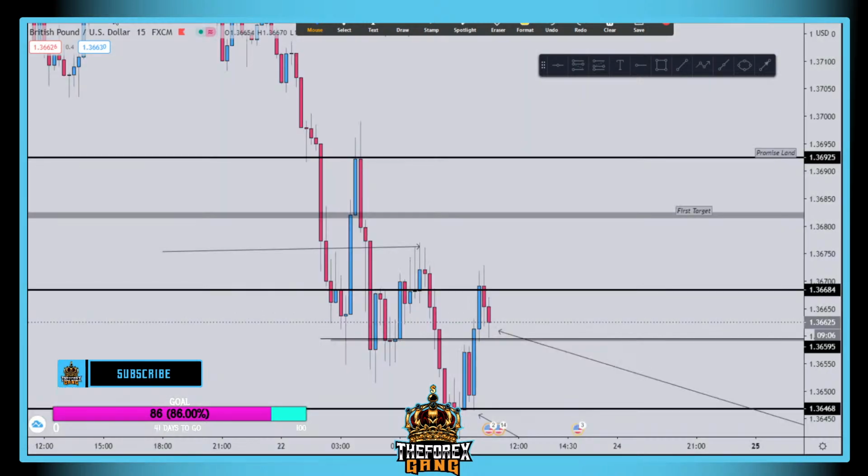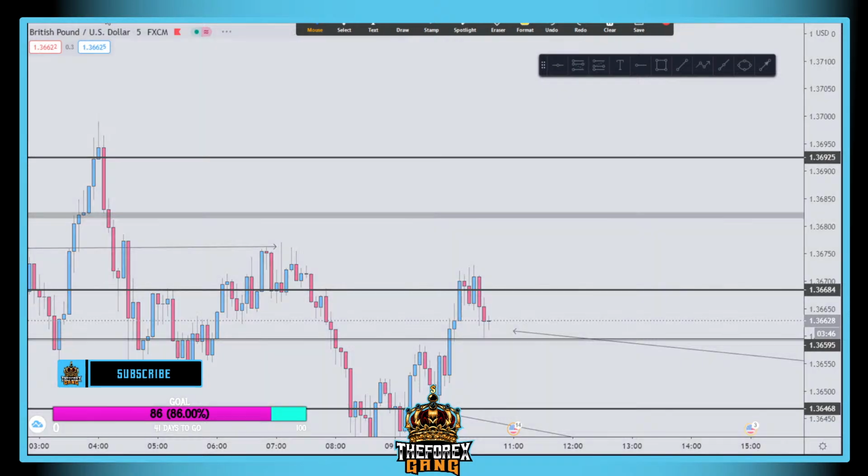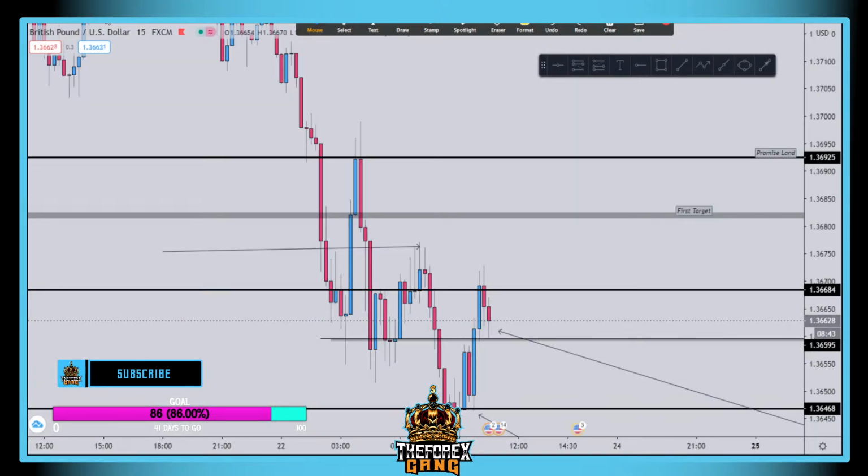It's back in the range, so it will move here for a while. I think it will most probably create a lower 1 hour wick, probably.